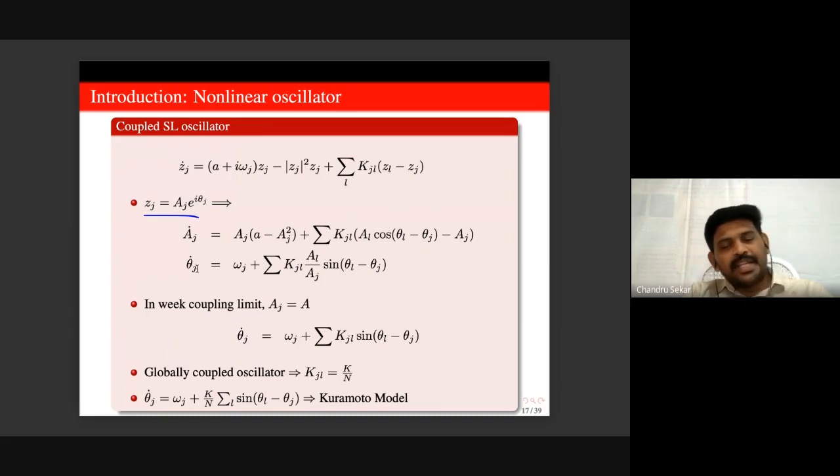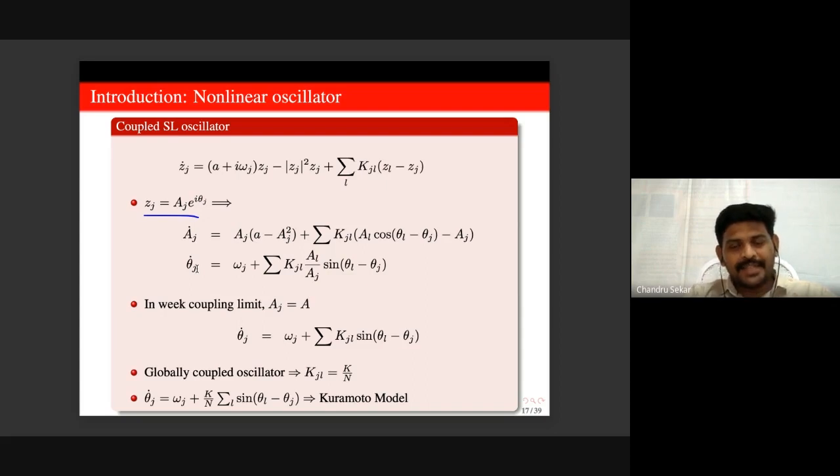In the weak coupling limit, we can neglect the deviation in amplitude due to the coupling. So we have a_j equal to a.